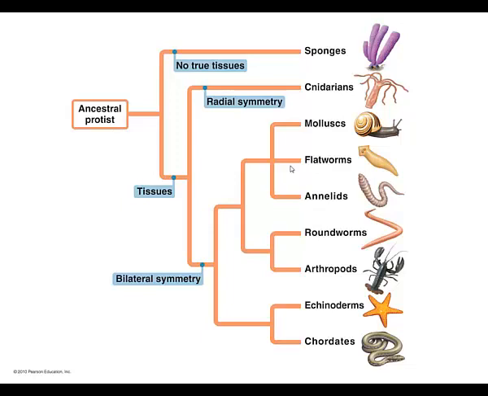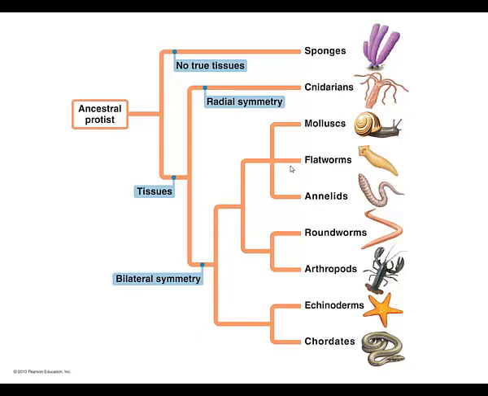And I invite you to organize your notes for this section based on the presence or lack of tissues, the type of body plan, whether it's radially symmetrical or bilaterally symmetrical, and then the patterns that are present with the complete digestive tract versus a gastrovascular cavity, as well as, once you get up to the annelids, the presence of segments that then in the arthropods becomes much more pronounced, and we get the regional specialization of the body plan.